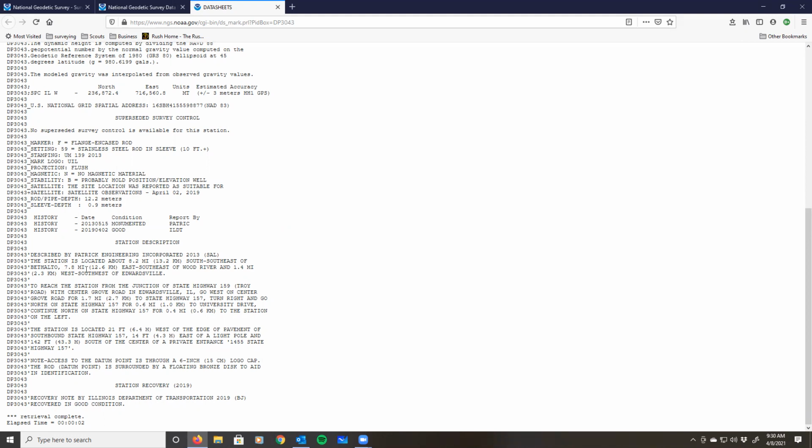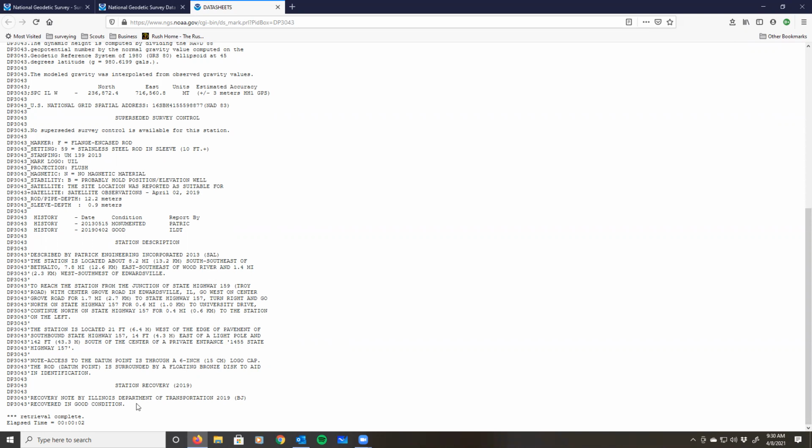Distance from Edwardsville to reach a station along 159 Center Grove Road, go west to Center Grove Road for 1.7 miles to 157, turn right, go north on 157 to University Drive, continue north on State Highway 157 for 4/10 of a mile to the station on the left. It's located 21 feet west of the edge of pavement of the southbound State Highway 157, 14 feet east of a light pole, and 142 feet south of the center of a private entrance for 1455 State Highway 157.